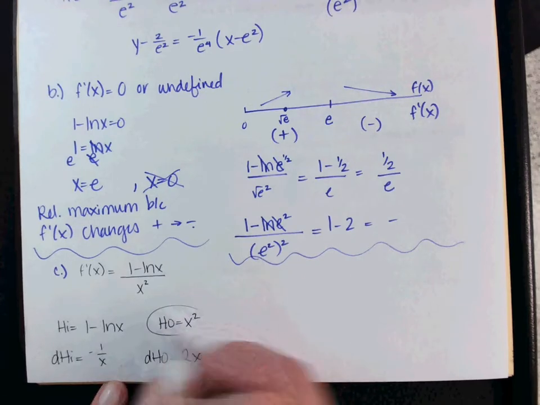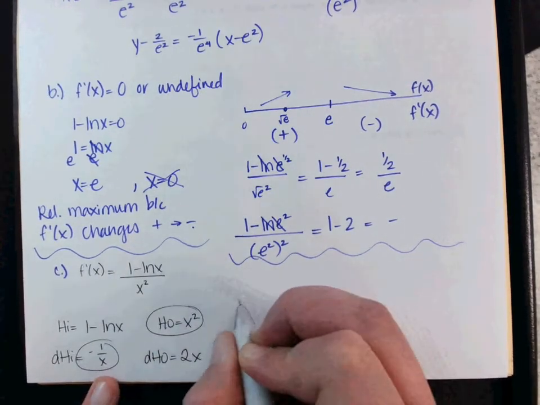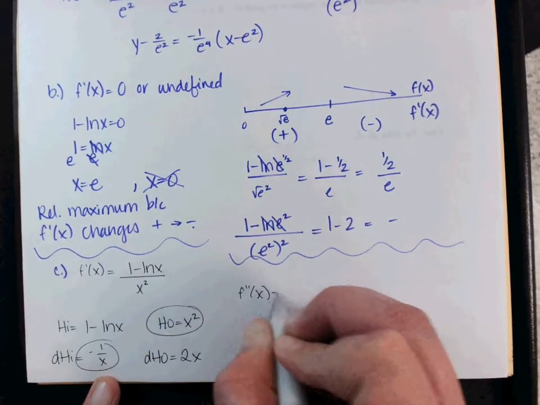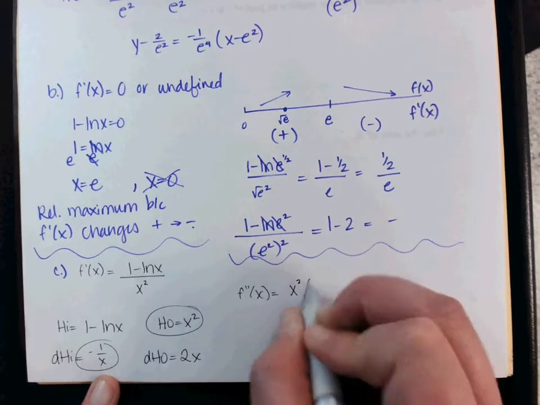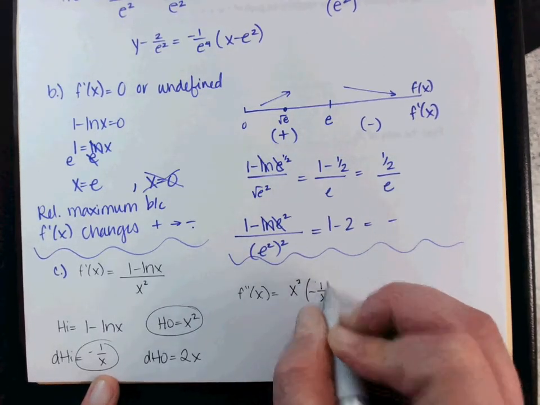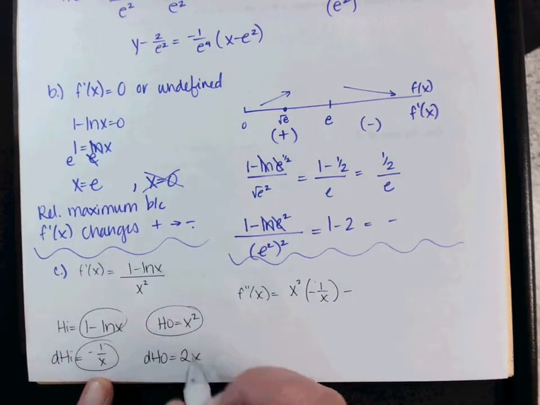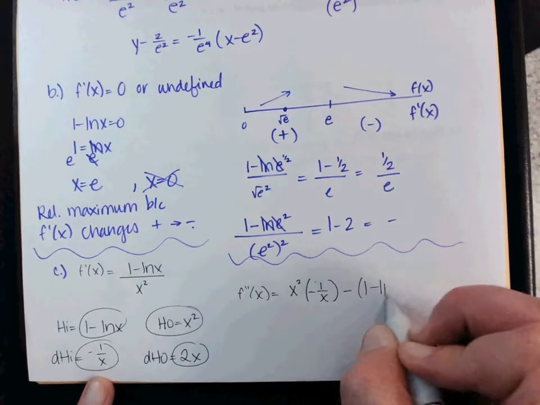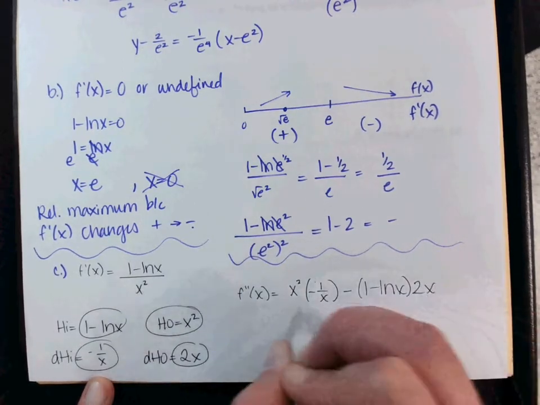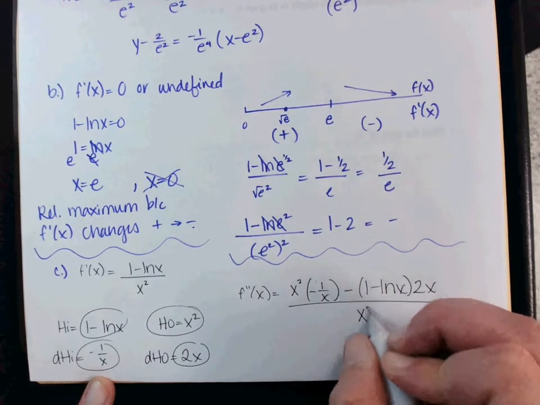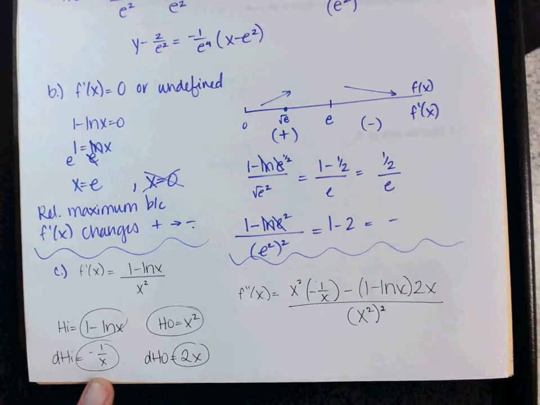So it's ho d high. So f double prime of x equals x squared times negative 1 over x minus high d ho. So 1 minus ln x times 2x over ho squared.